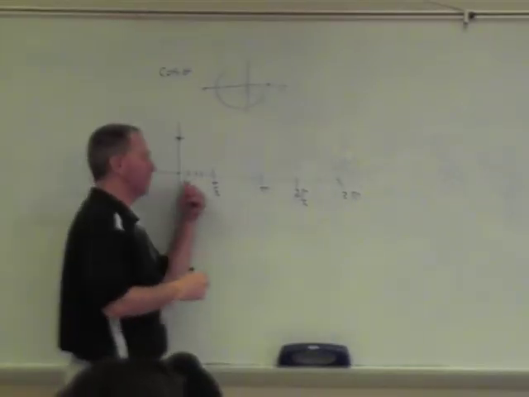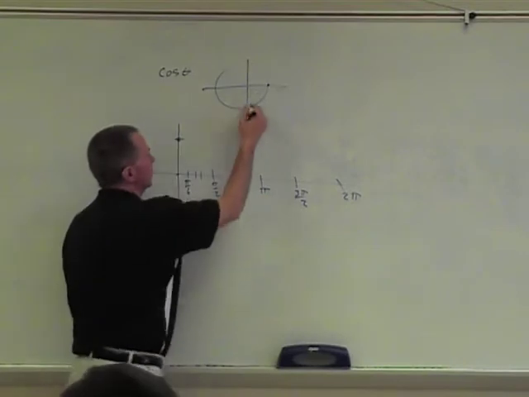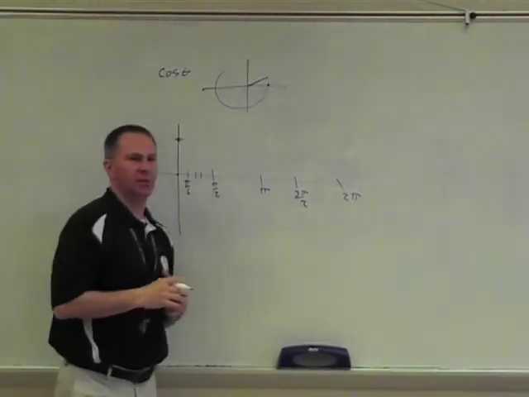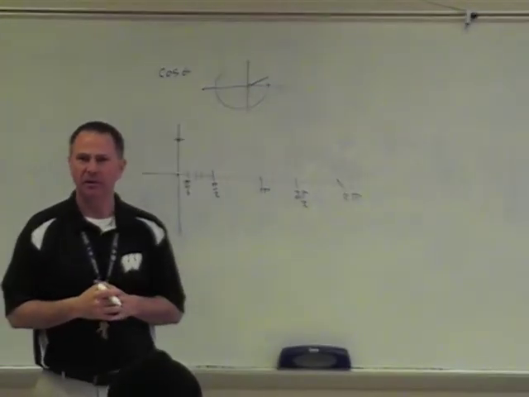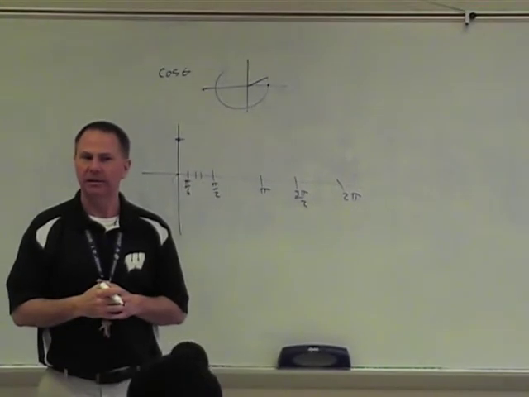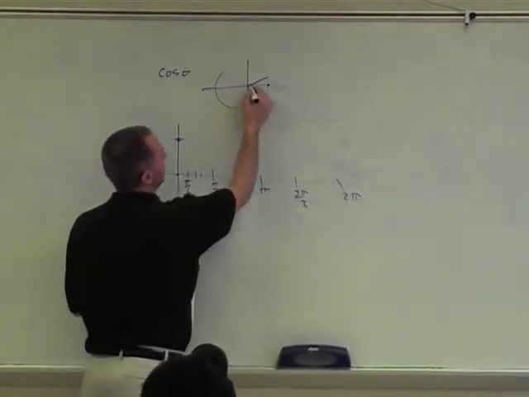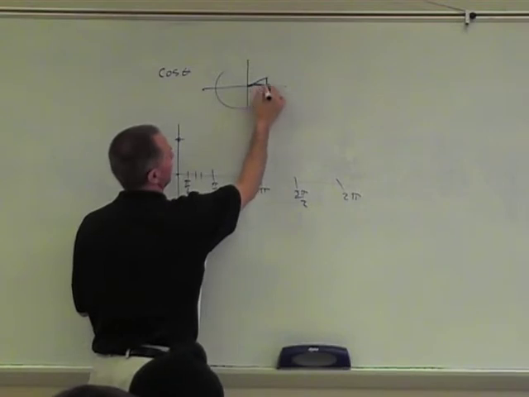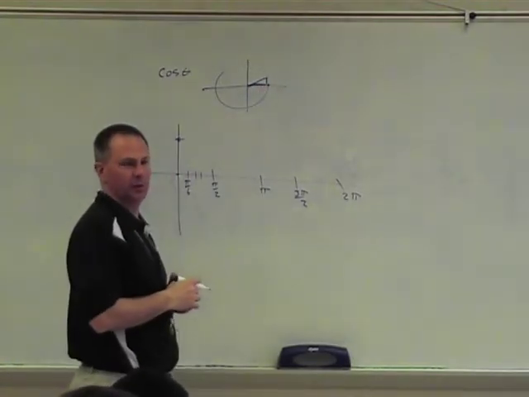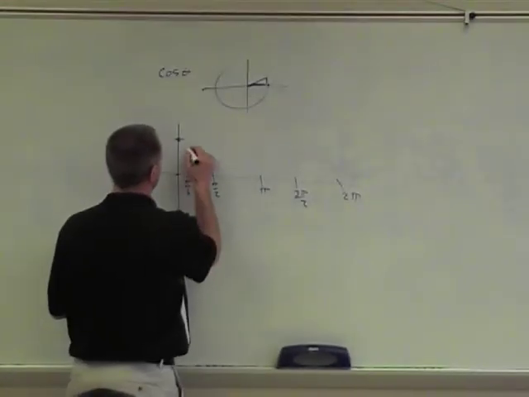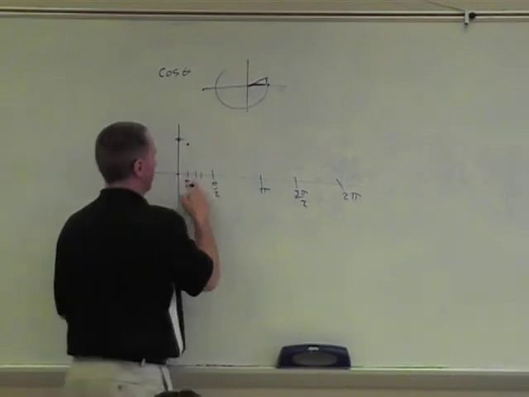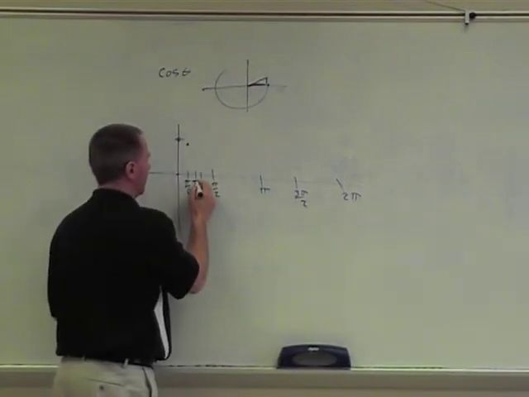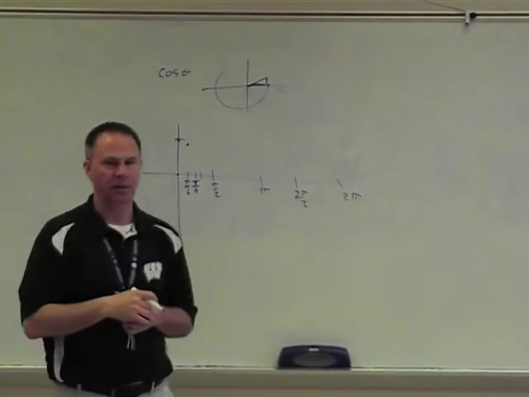Alright? Well, pi over 6 is at 30 degrees. What is the x value at 30 degrees? You have a long leg, and that's your short leg. The long leg is x. Square root of 3 over 2, or 0.87, right? At pi over 4, everybody? 0.71.